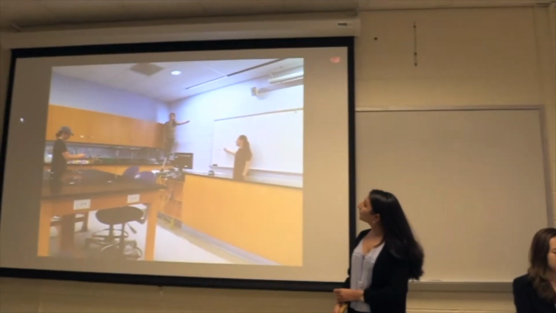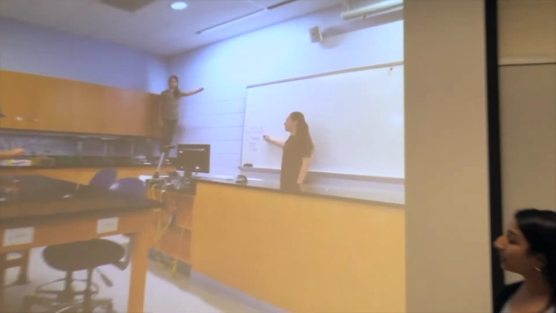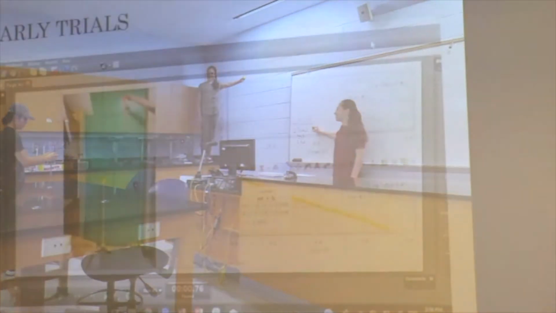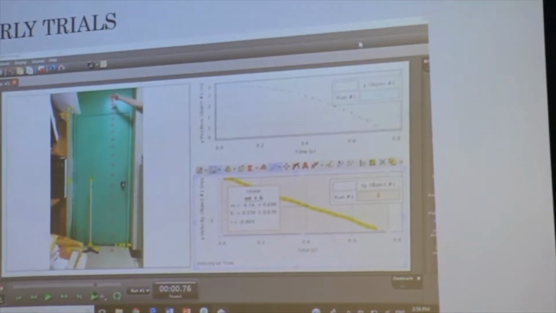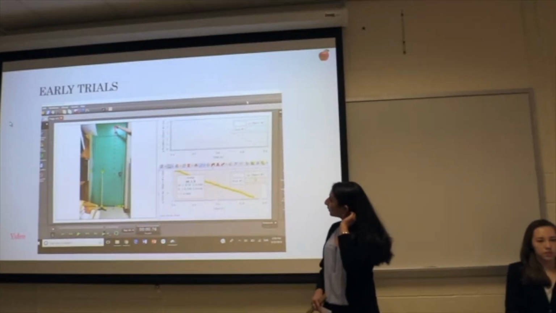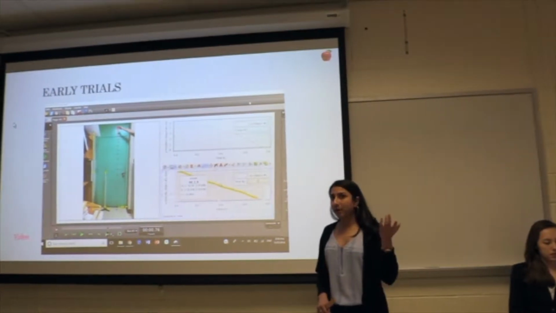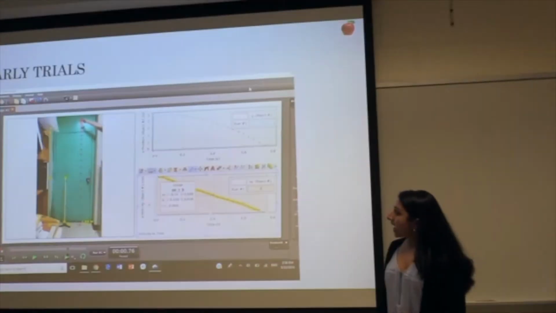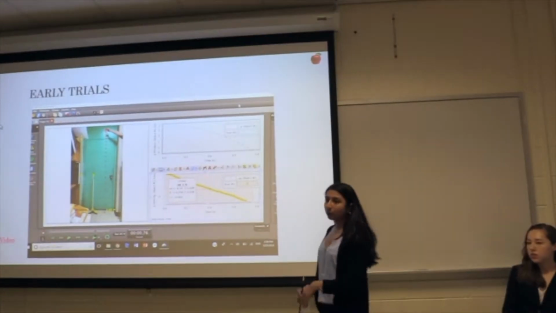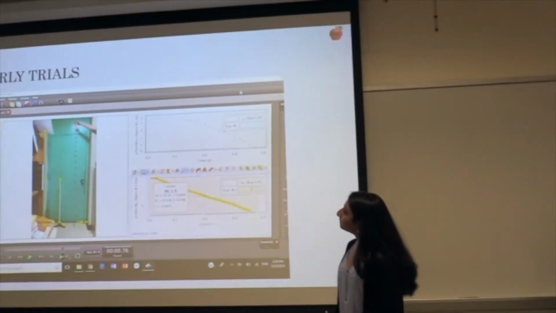This is one of the pictures we took in the beginning weeks for the early trials we did. We basically recorded slow motion videos of different balls dropped from a height of about 2 meters and imported them to this Pascal Capstone software to analyze them.